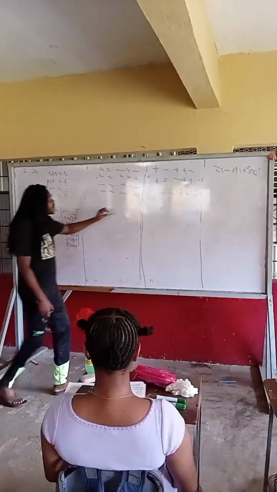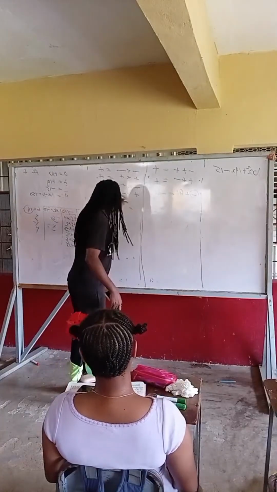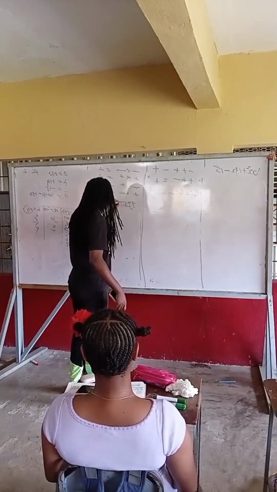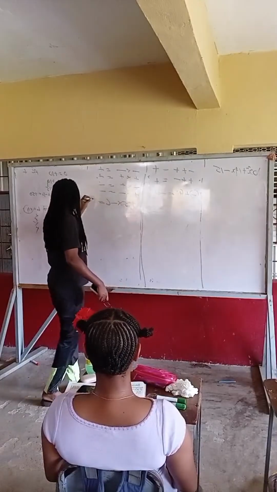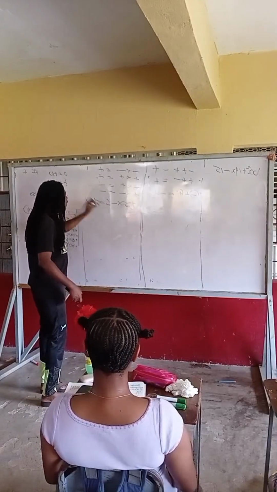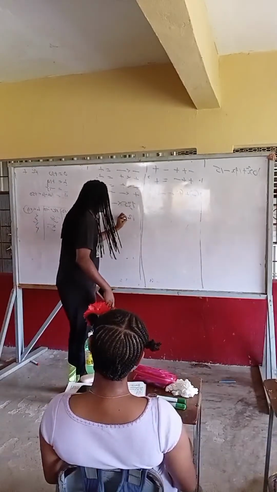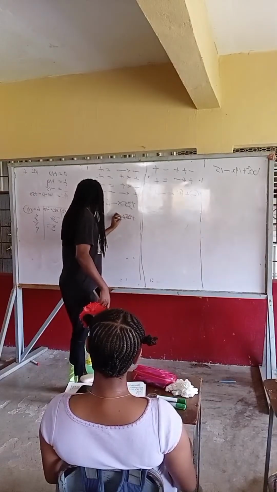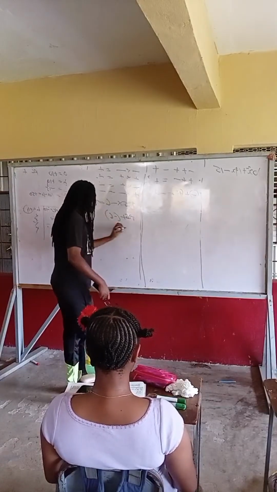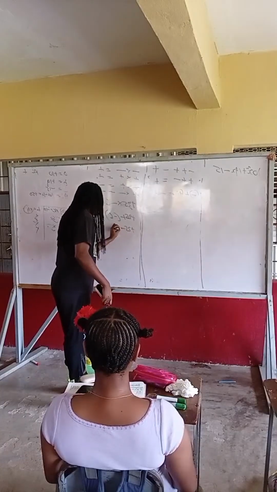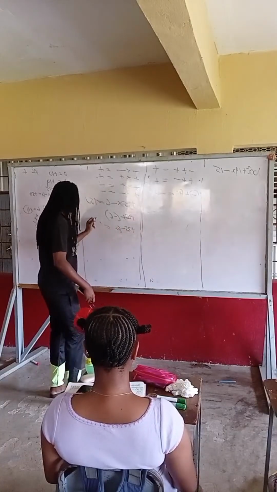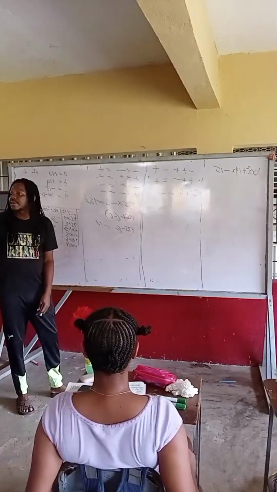25 times minus 6 equals minus 150. And positive 25 plus minus 6 is going to give me positive 19.